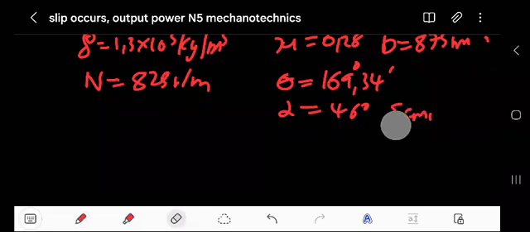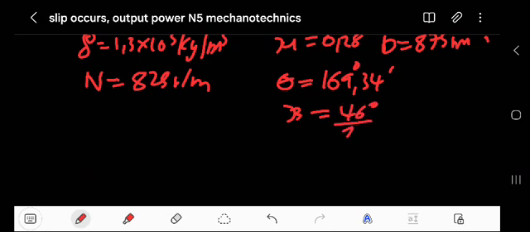We're supposed to divide this by 2, indicated by beta. It will be 46 divided by 2, 23 degrees, measured in degrees.